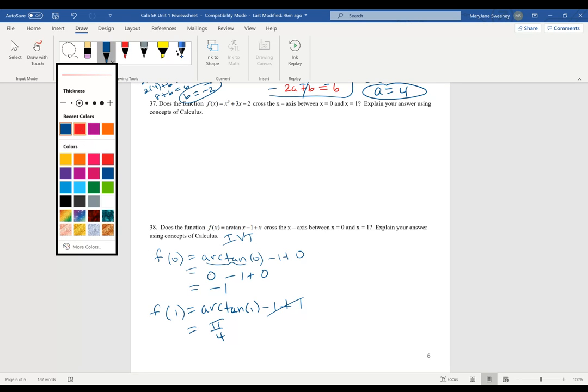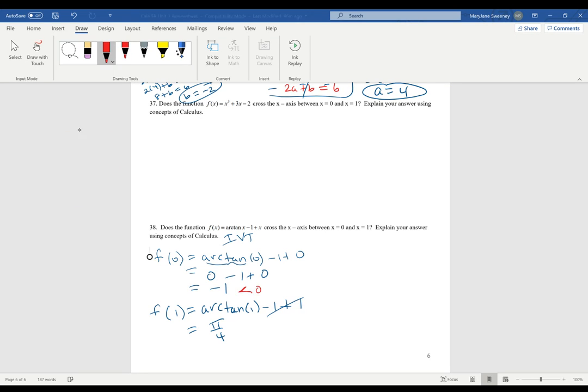So this is negative, meaning less than 0. This is positive, meaning greater than 0. We have that sign change.